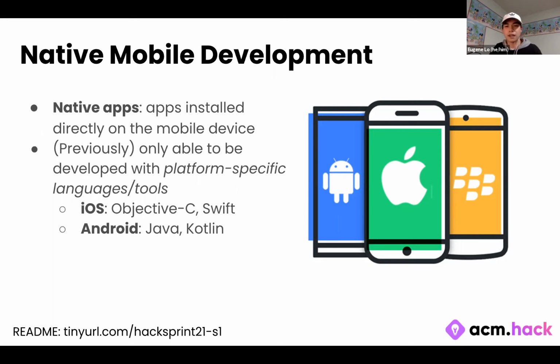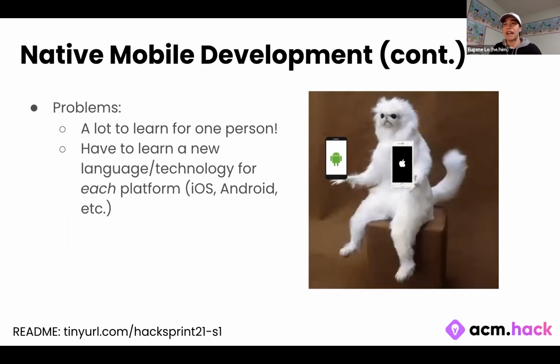So this is cool and all, but this means that we have to learn all these different languages and technologies if we want to create our app on different platforms. And we can't just have some magic translation device that translates all our Objective-C code into Java. We have to start straight from scratch.